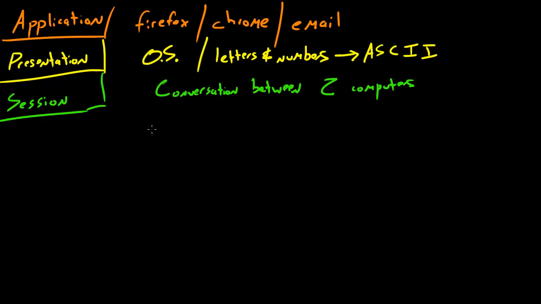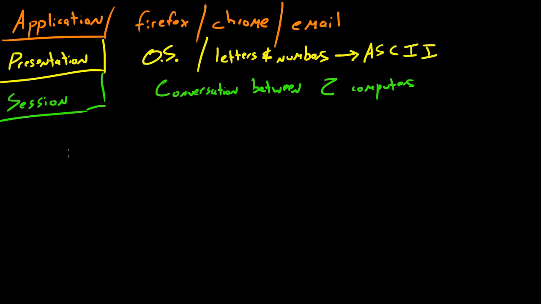Now this layer is responsible for starting and ending conversations or sessions, and it's also responsible for getting data from a website. So with this, say that you wanted to get data from a website, this layer would go ahead and create a session or start a conversation with a web server, and during the conversation, it would help maintain the communication.